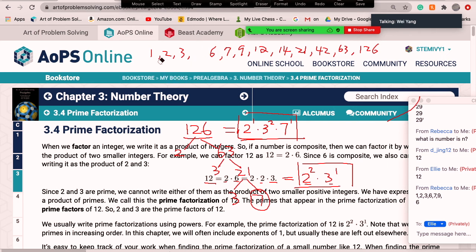Yeah, see, that's 1, 2, 3, 6, 7, 9, then 12, then 14, then 21, then 42, then 63, and 126. See, then you can count 1, 2, 3, 4, 5, 6, 7, 8, 9, 10, 11, 12, right? You got 12. See, when you do this, it takes a longer time.